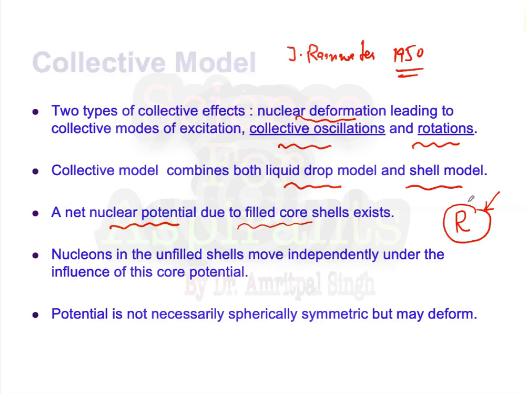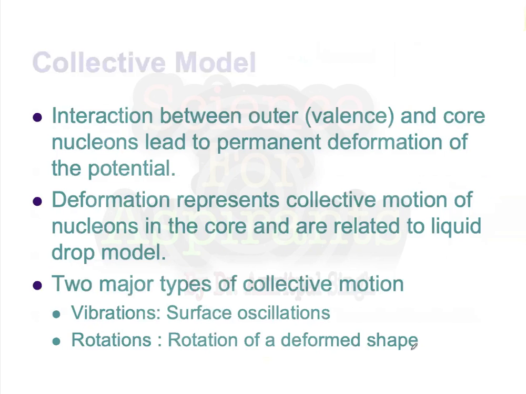He derived that this radius is basically dependent upon three types of energies. The total energy of this nucleus is the sum of the vibrational energy, the rotational energy, plus the nucleonic energy. The interaction between the outer nucleons and core nucleons leads to permanent deformation of this potential.